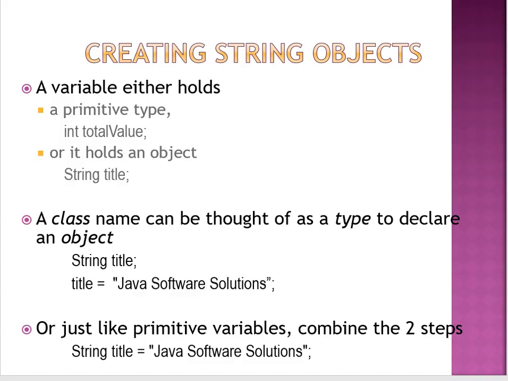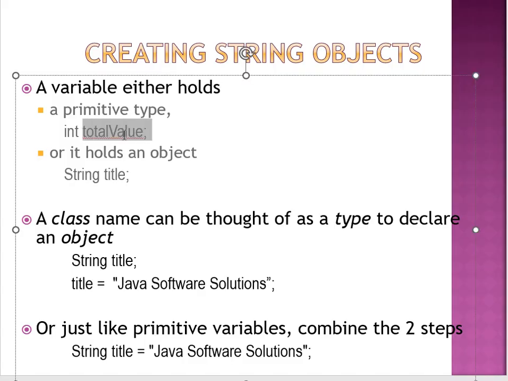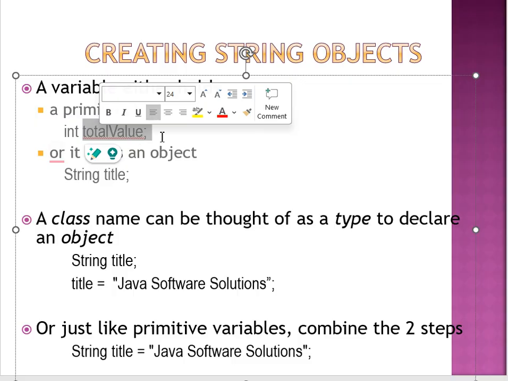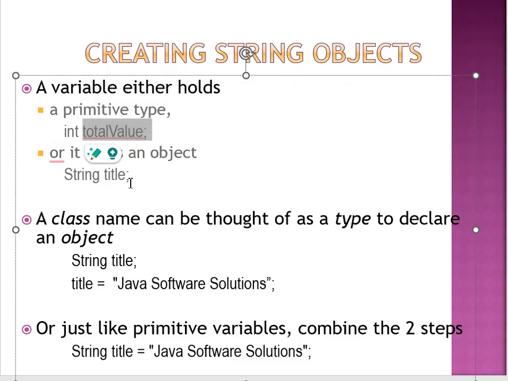Okay. So creating string objects: a variable can hold either a primitive type, and a primitive type is int, remember? Or it can hold an object.